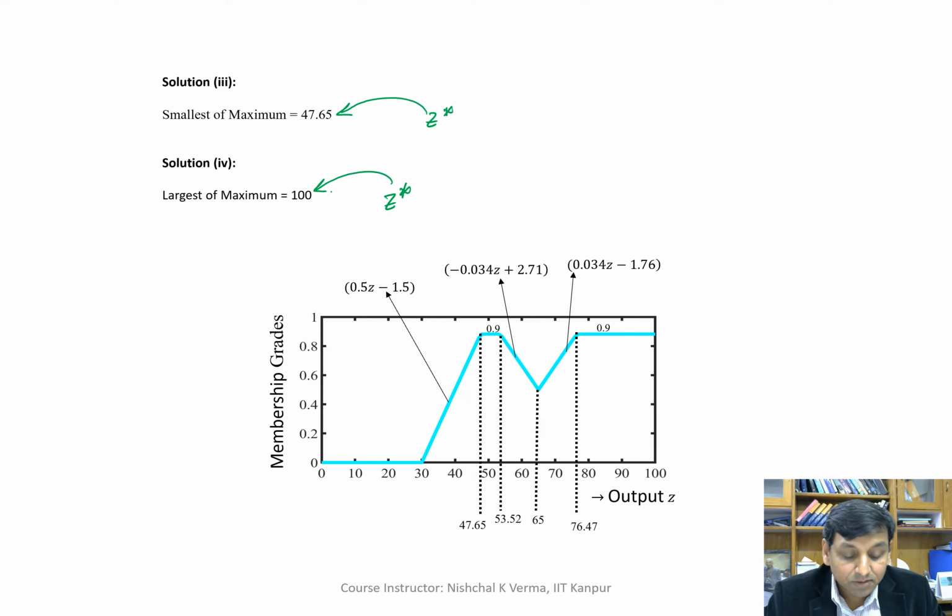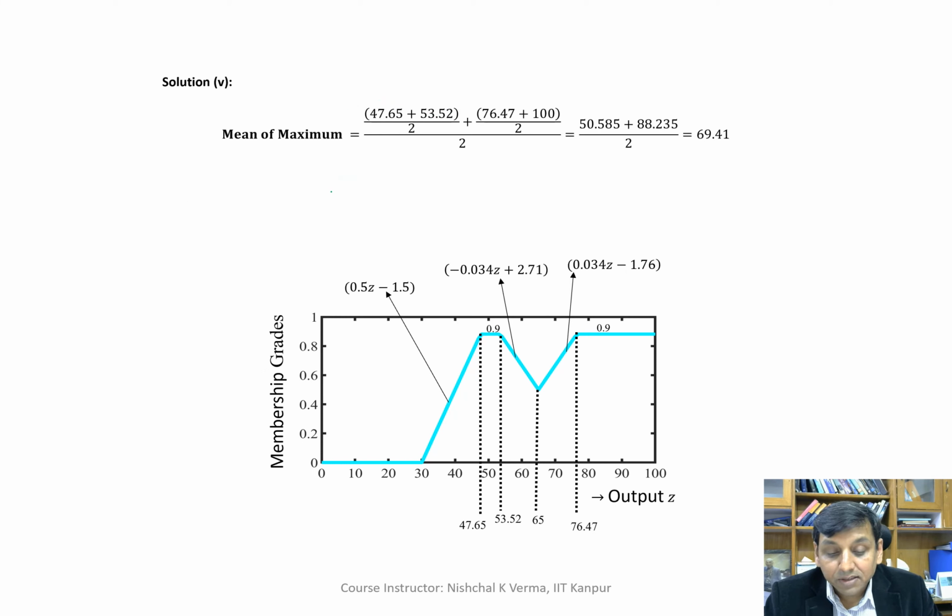This you can see from the figure here, the irregular shape, you can very easily get these values. And similarly, when we take the mean of maximum, the z star, that is the output corresponding to x equal to 55 and y equal to 45, we get 69.41.